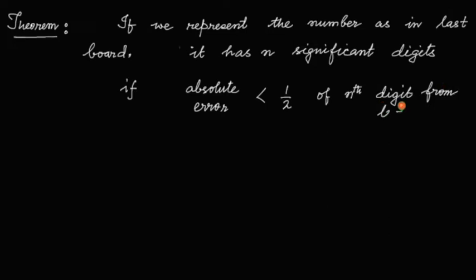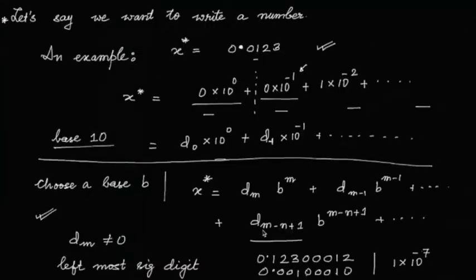Not nth digit, so what should I say? So nth base from left. Let me write it down explicitly, then it will be clear. So delta x, the estimate of the absolute error, is half of the term in the nth position if you calculate from the left.